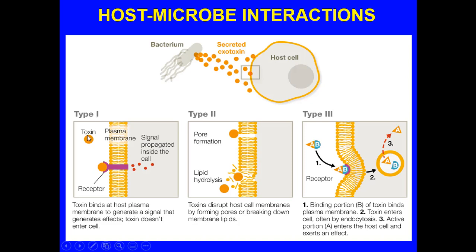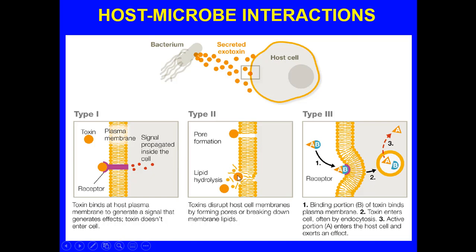And you can see this. Here's type 1. Toxin comes in, attaches to a receptor, begins acting on the inside of the cell. Type 2, you begin starting to form these pores, and what happens is that you literally have the phospholipids, for example, starting to break down.